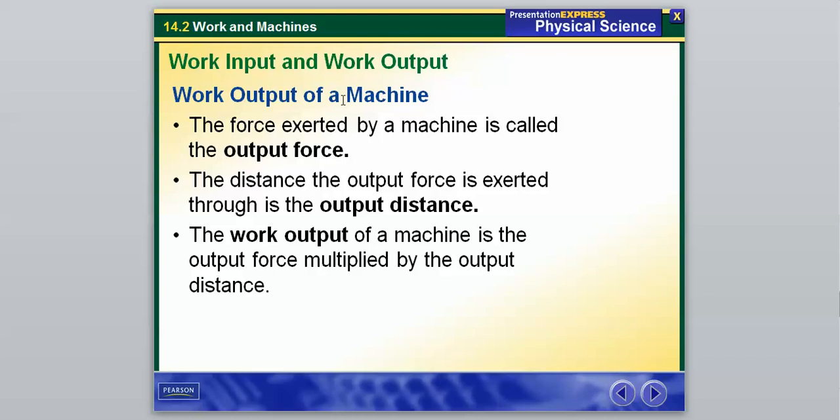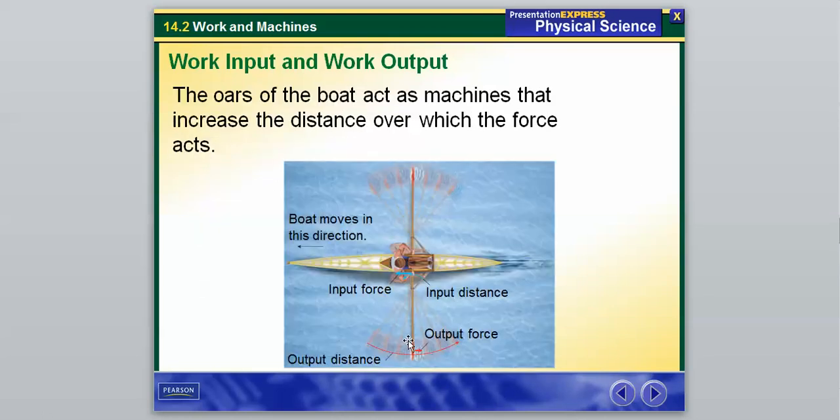So input force, input distance, output distance, work output, work input. They're all related to one another, and really easily seen by this illustration with the oar. The work you're doing is right here, and the work being done by the machine, the oar, is out there.